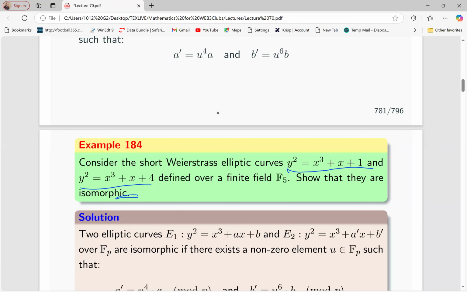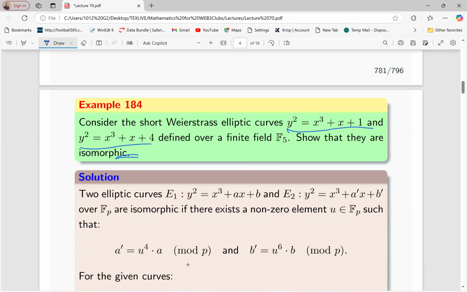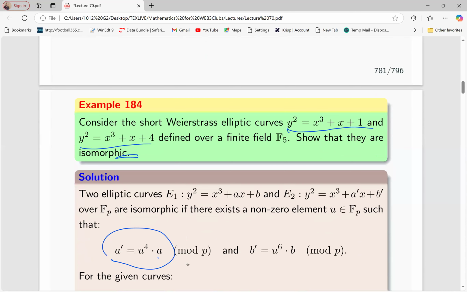So for us to do this, we need to find out if there is that u, so that u raised to 4 times a gives you a prime. In this case, our a prime is 1, and our b prime is 4.